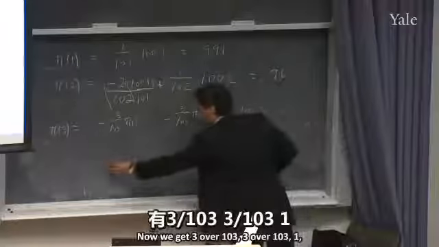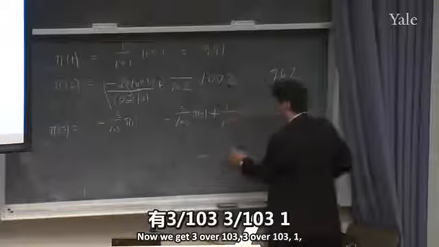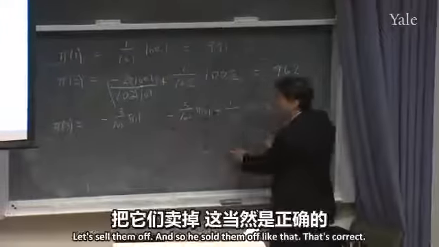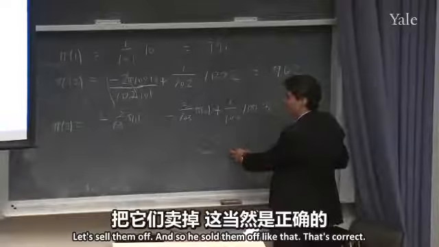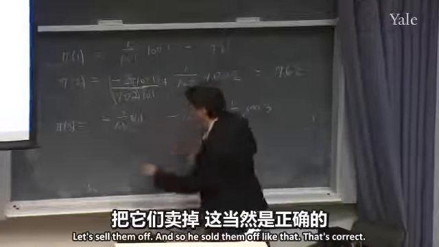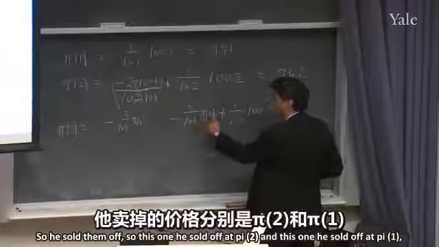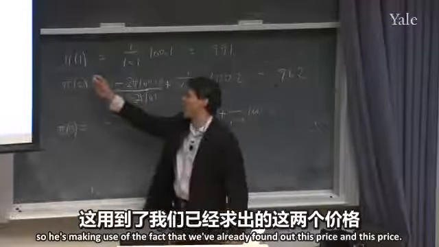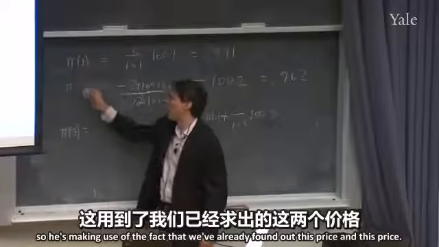Now we get 3 over 103, 3 over 103, 1. And so he's saying, we've got 2 extra payments. Let's sell them off. And so he sold them off like that. Actually, that's correct. So this one he sold off at pi 2, and this one he sold off at pi 1. So he's making use of the fact that we've already found out this price and this price.